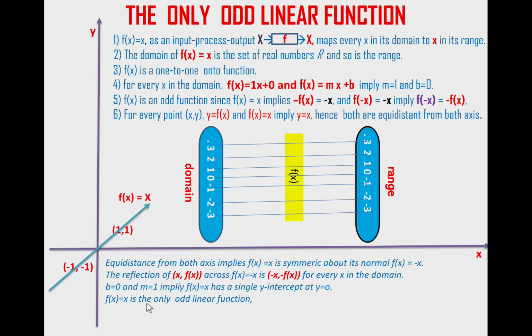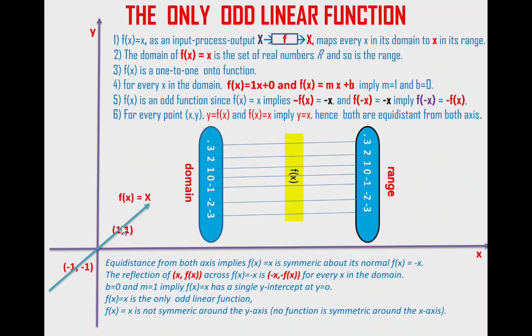But anyway, the reason being, if we change the slope, and changing the slope is by changing the angle, if we change the angle of this line, f of x equal to x, by a fraction of a degree, then most, if not all, of these conditions will be violated. So that's why we're saying there is only one odd linear function, and this is the function that has a slope equal to 1, and it passes through the origin.